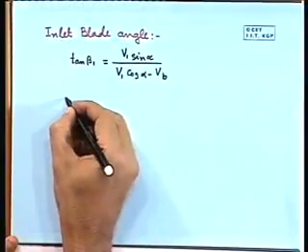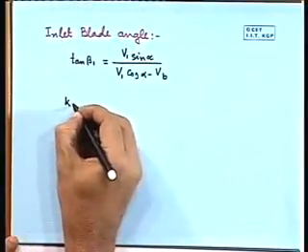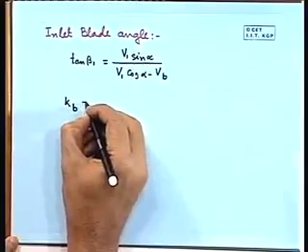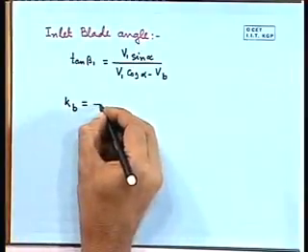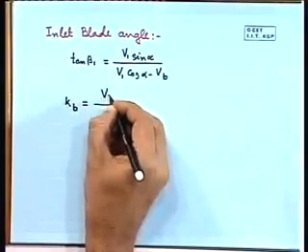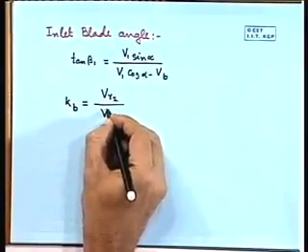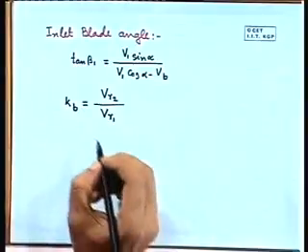Then we define another quantity. We define a quantity Kb. This Kb is defined as Vr2 divided by Vr1.